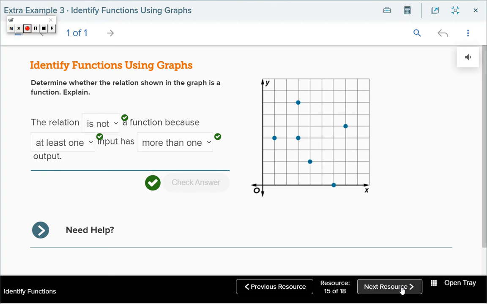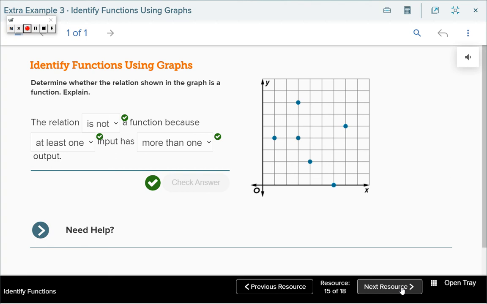Now, sometimes it doesn't necessarily have to be a straight line. If you had a graph, what if I have something like this, even if it's not a straight line?